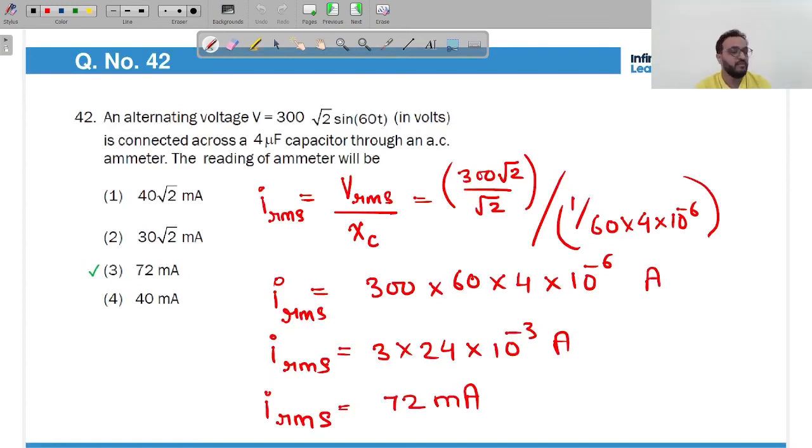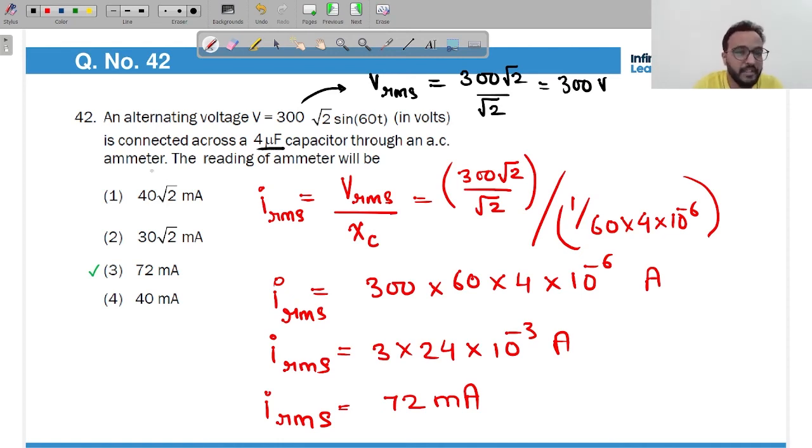42. An alternating voltage V equals 300 root 2 sine omega t. So what is the RMS value? You will say, sir, VRMS is 300 root 2 upon root 2, that is 300 volts, right? Capacitance is given. The reading of ammeter.